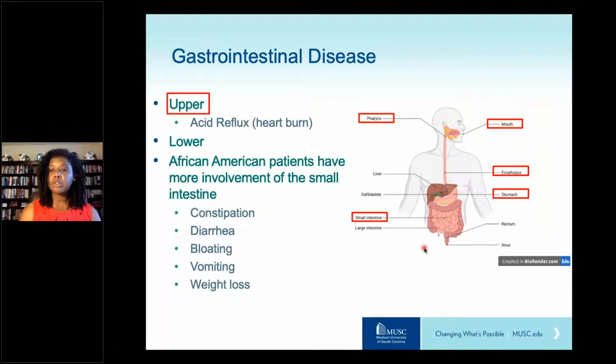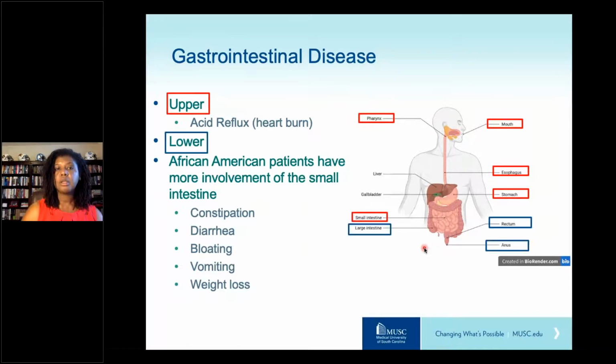The upper gastrointestinal tract involves the mouth, the stomach, and the upper part of the small intestine, as well as the esophagus. The lower gastrointestinal tract involves the lower part of the small intestine, the large intestine, the colon, as well as the anus. Unfortunately, African American patients have more involvement of the small intestine when their scleroderma affects their gastrointestinal tract.